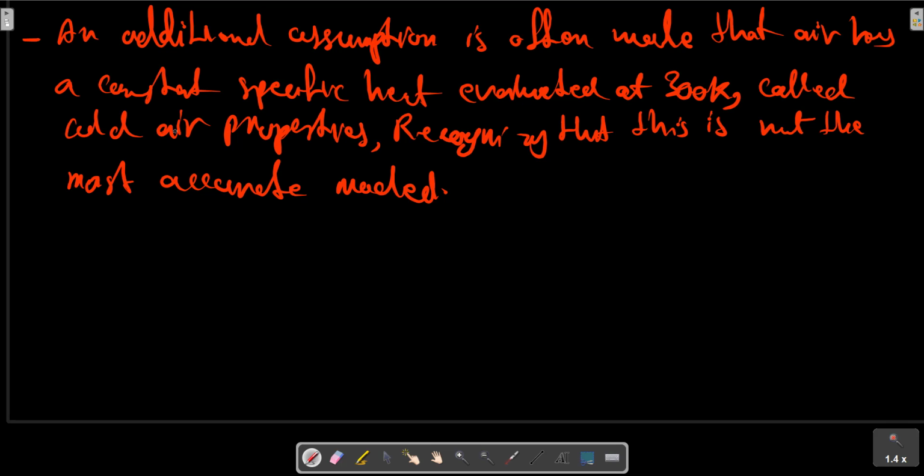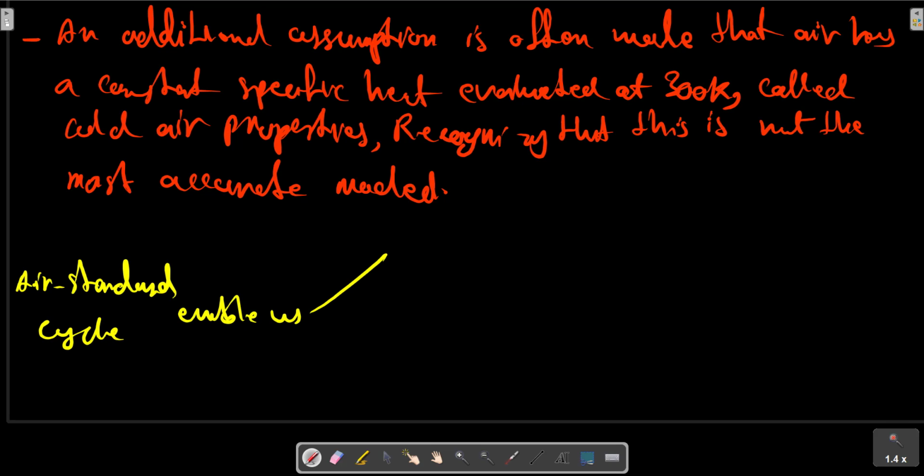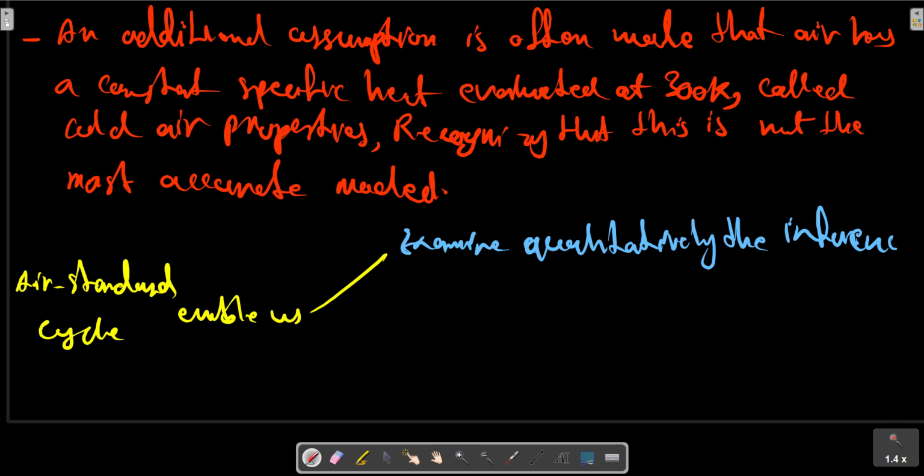The principal value of the air standard cycle is to enable us to examine qualitatively the influence of a number of variables on performance.